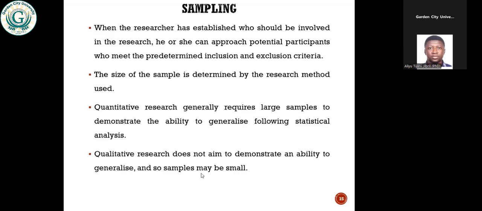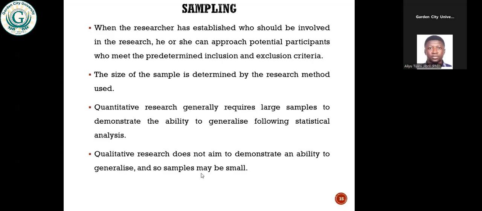Maybe they are all males. You go to strata B, probably they are all females. Strata C or strata 3, they are all, let's say, employed. Strata D, they are all unemployed. So in each group, they all have the same characteristics. And then you would randomly select individuals from each strata to be part of your study.